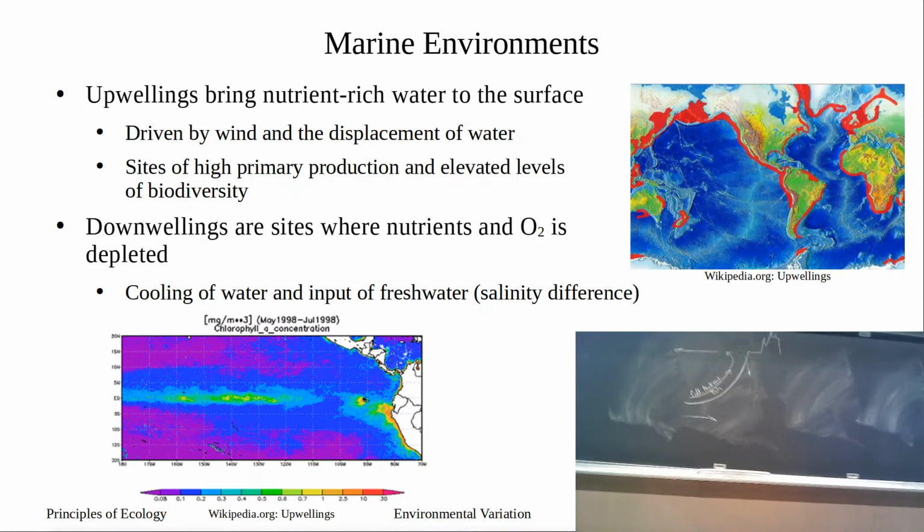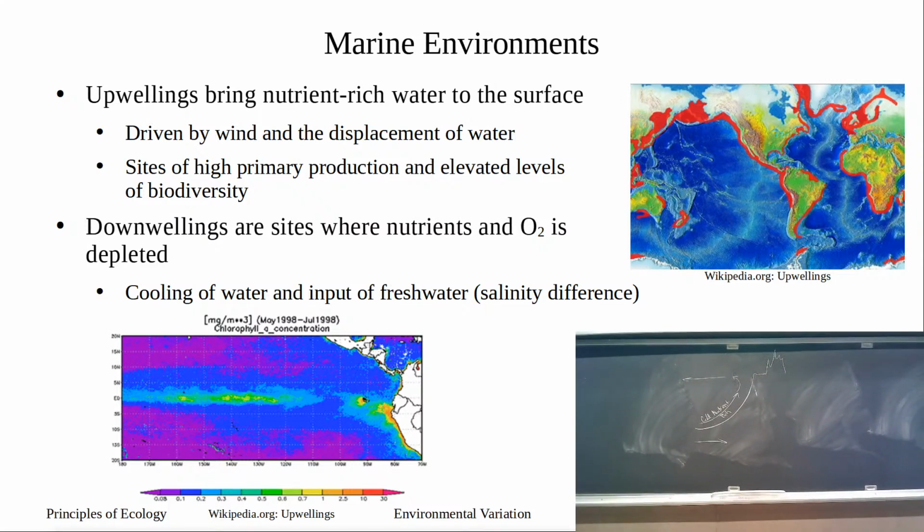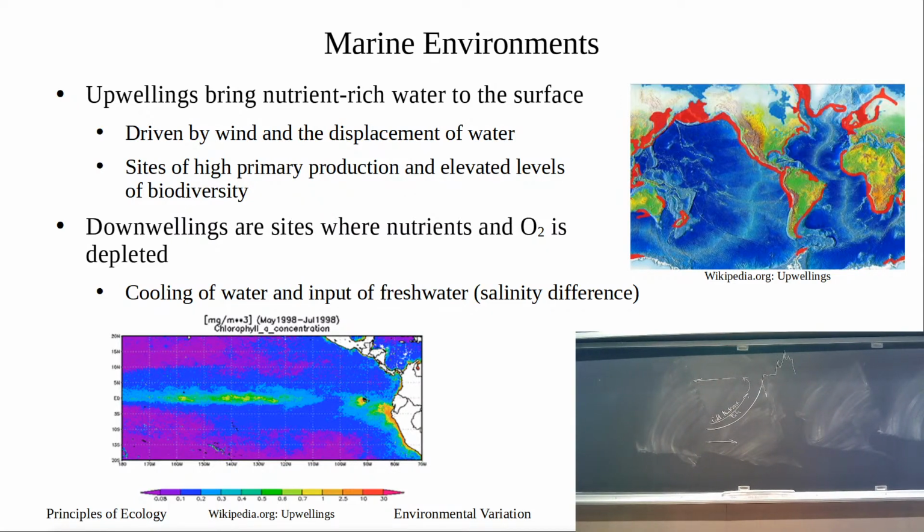What kind of diversity do we have at an upwelling? We actually have a lot of diversity. These are sites of high diversity. This is an example of an upwelling. You can see what we've done is they've colored photosynthetic production, and you can see how much higher we have right in these spots.